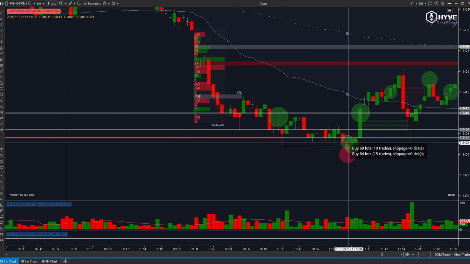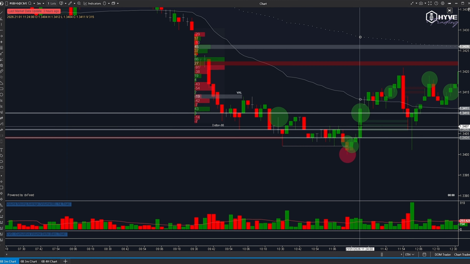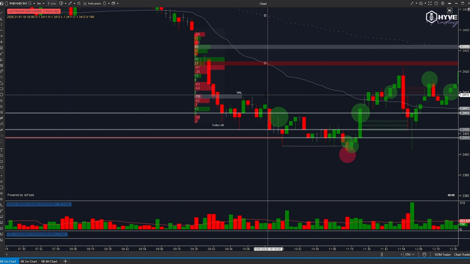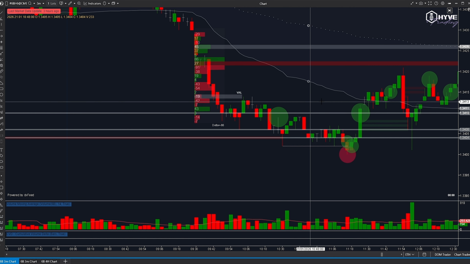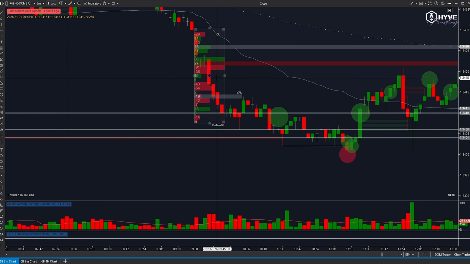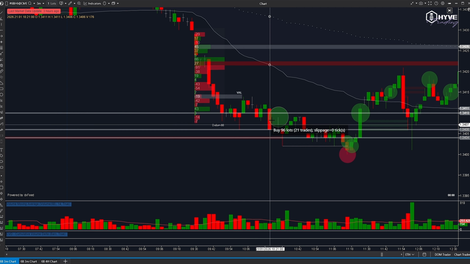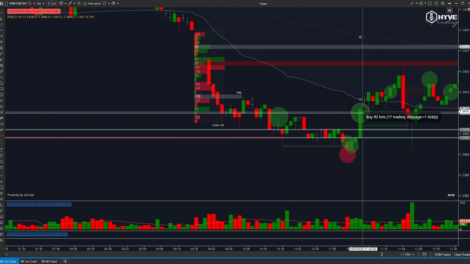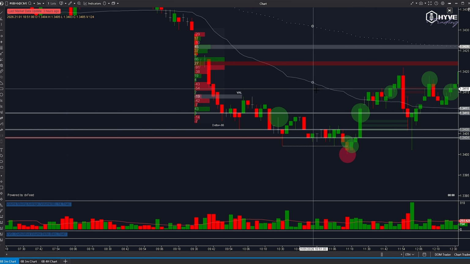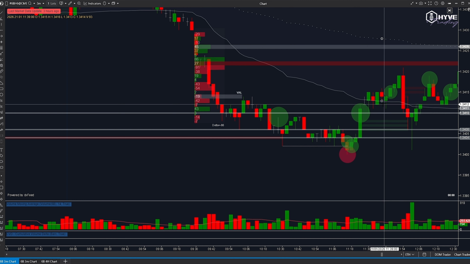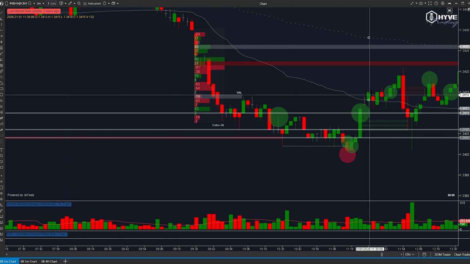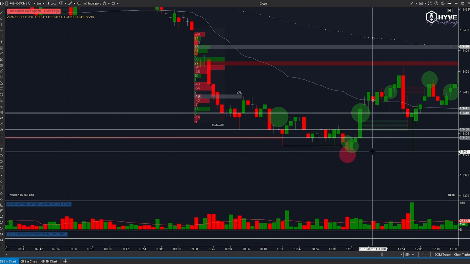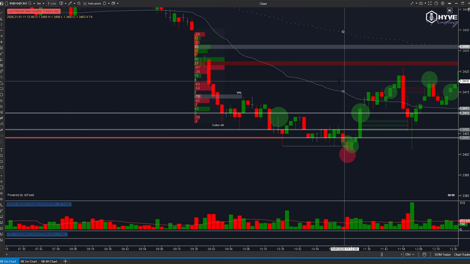But now, after sellers got trapped, we see that buyers successfully break above the value area low for the selling climax. But not only did it break above the value area low for the selling climax, it also broke above the VWAP standard deviation band, the lower standard deviation band for VWAP. We see that price broke above it, and this was a confirmed change of character.